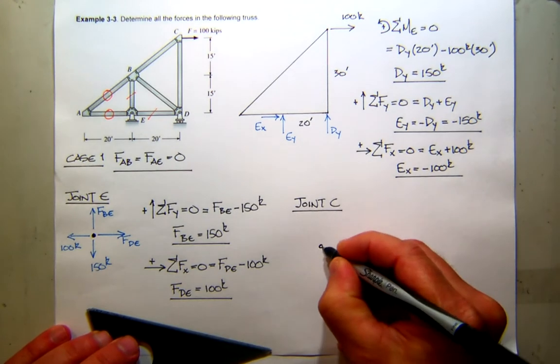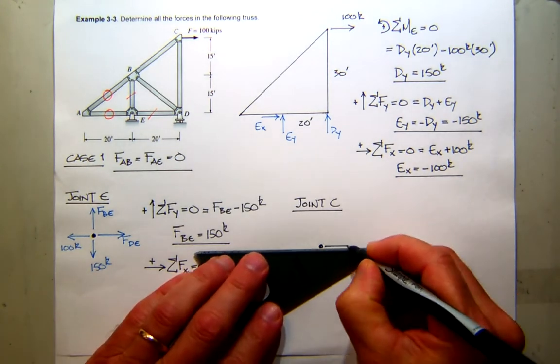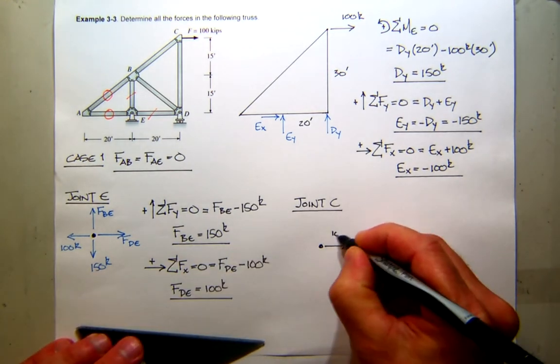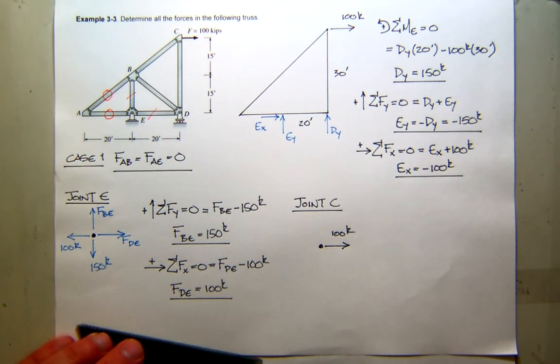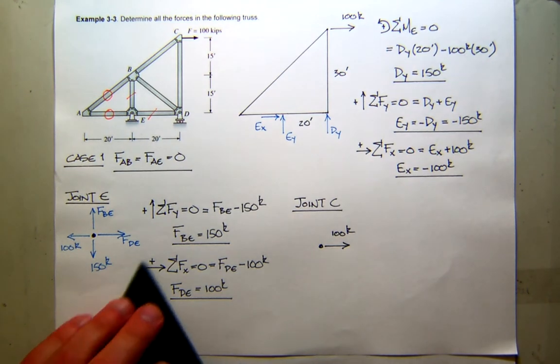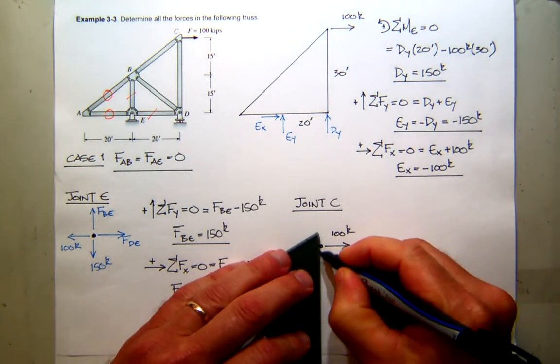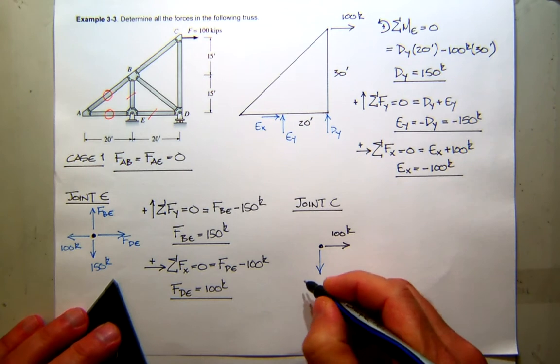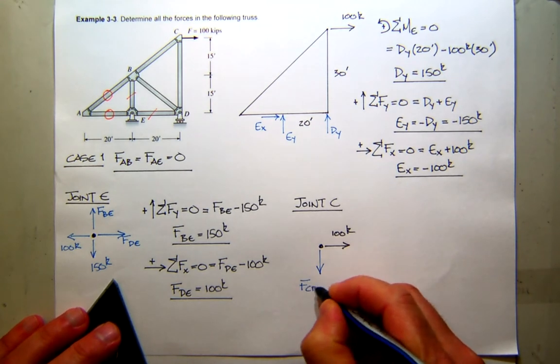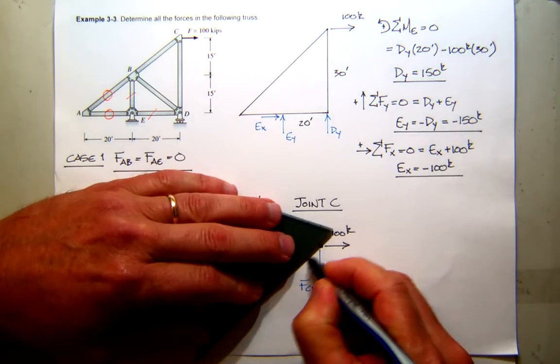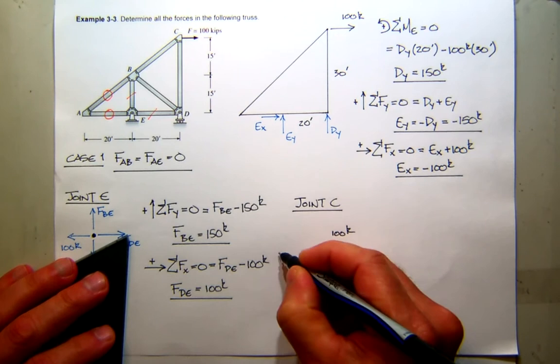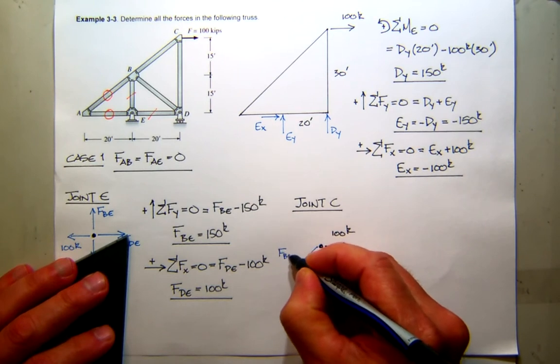So I'll draw that. I'll put on the external force that we have. That's 100 kips. And then I will assume directions for my bar forces. So tension in CD and tension in BC.